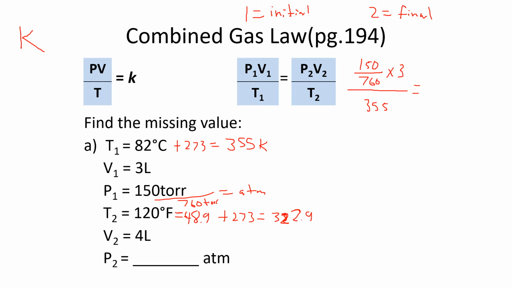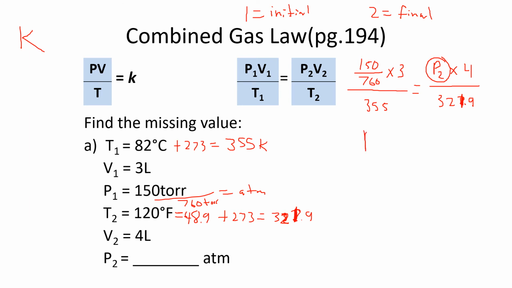That all equals P2, which is what we'll solve for, the volume 2, which is 4 liters, and the temperature, which is 322.9. All right, everyone solve for P and let me know what you get. So it's algebra at this point.